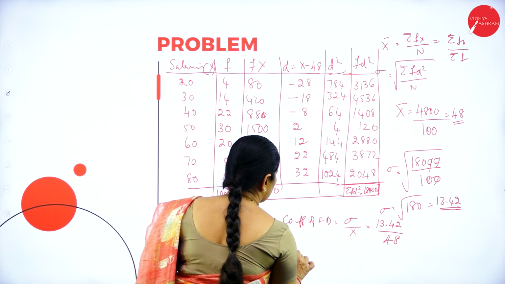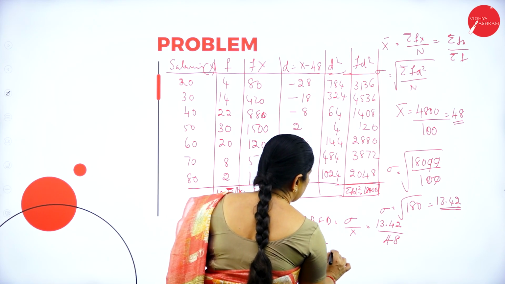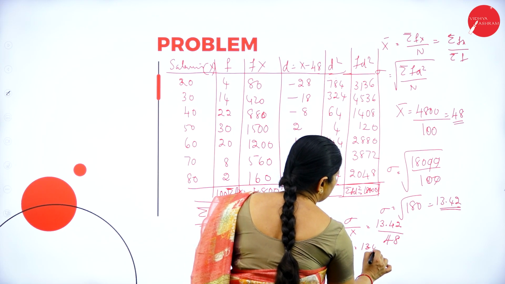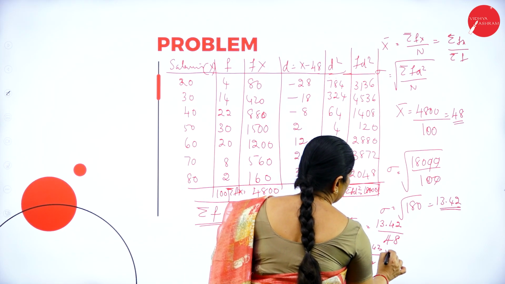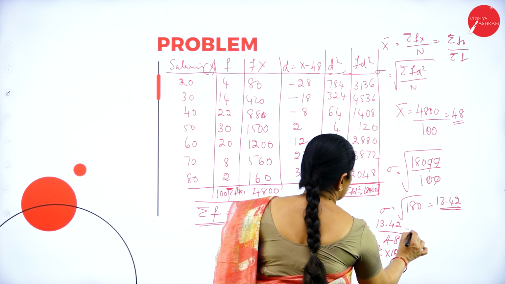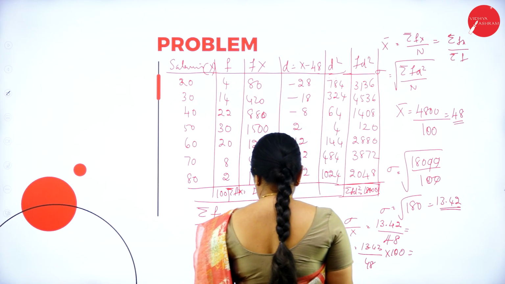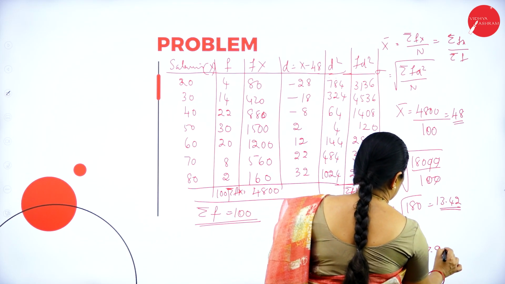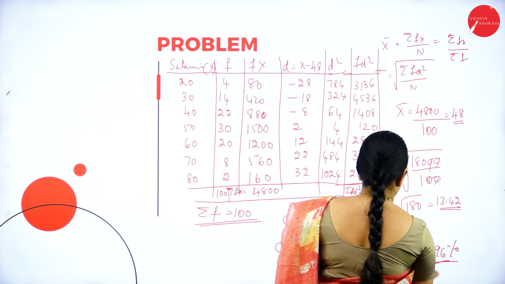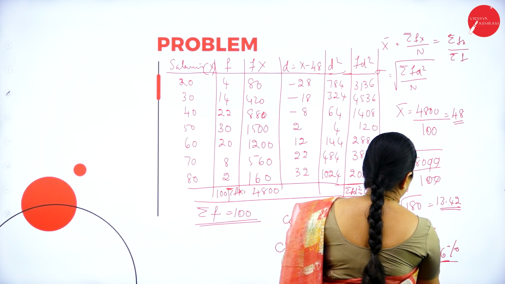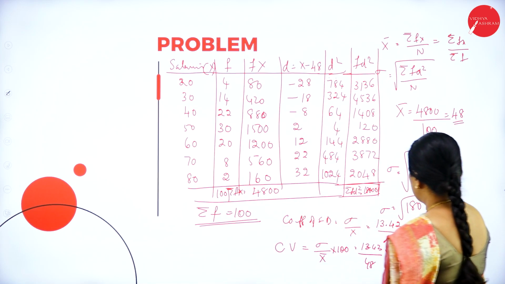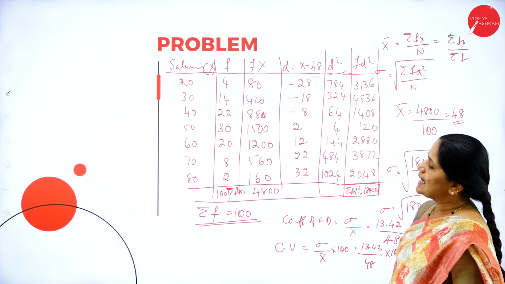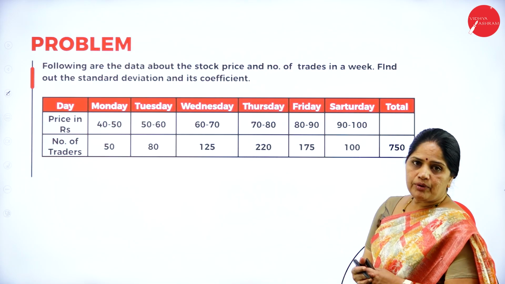Then coefficient of variation will be standard deviation by mean into 100, that is 13.42 by 48 into 100. So this comes up to 27.96. This is 0.2796. So when I find the CV, it comes up to 27.96%.